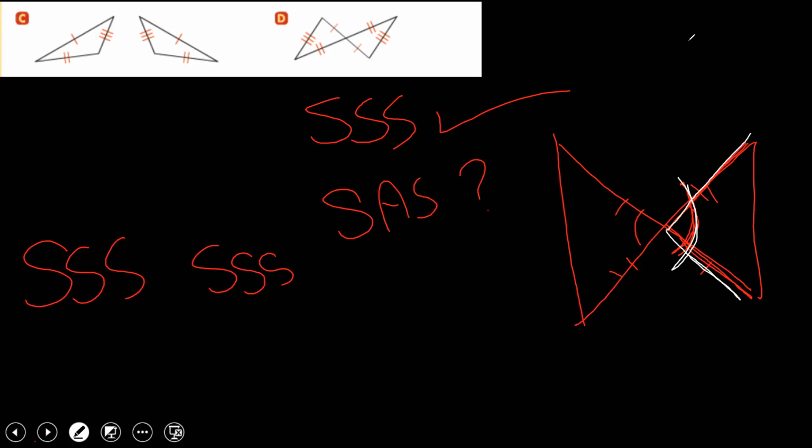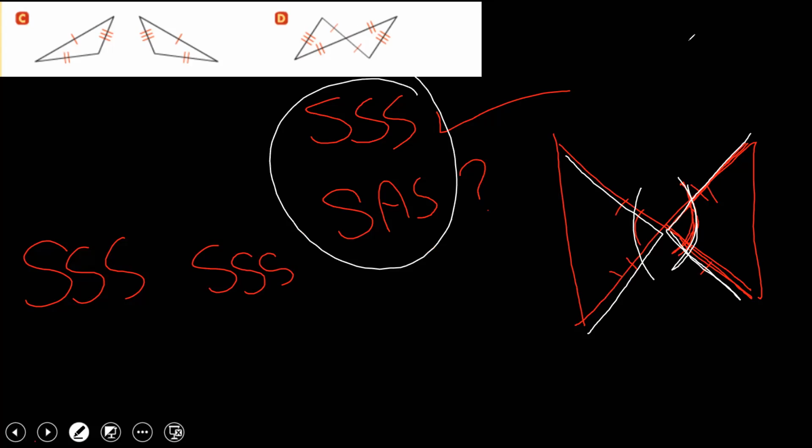Is this right? Yes. So I can use the three sides, and I can use also SAS. So here I can use both of the postulates. Is it clear? Yes, teacher.